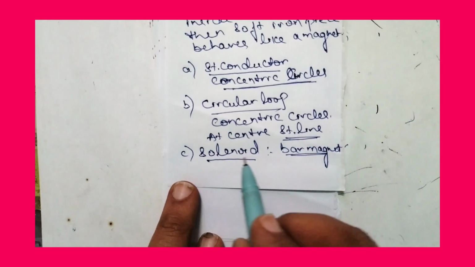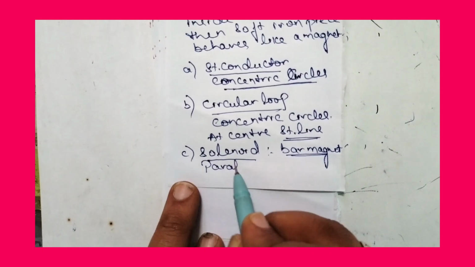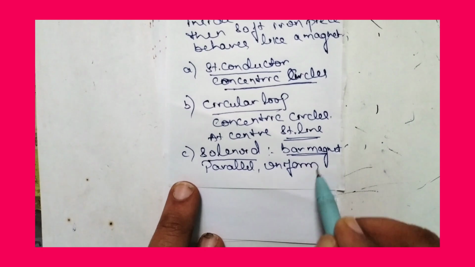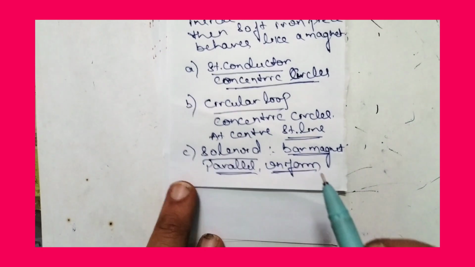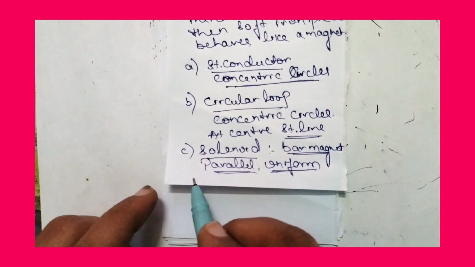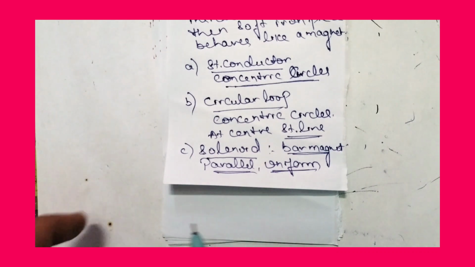At the center, the magnetic field lines are parallel and uniform. So they are parallel and uniform where? At the center. And the next one, the third point, is that the magnetic field inside a long straight solenoid carrying current is the same at all points.